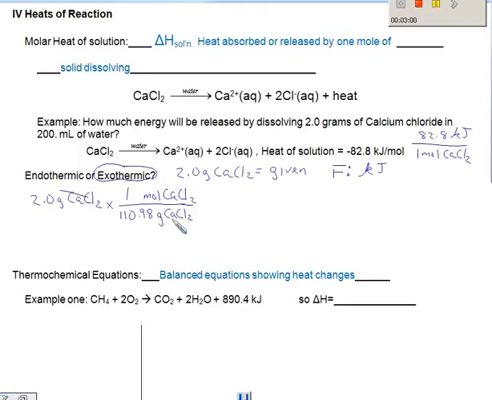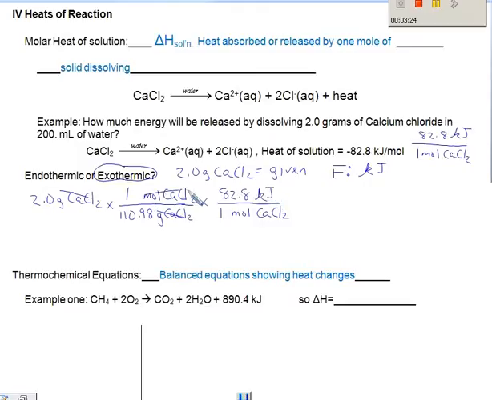So we're out of grams. Let's go ahead and cross those out. We're over to moles now. So we're now in shape to use this conversion factor. If we have 1 mole of calcium chloride, that will produce 82.8 kilojoules of heat.